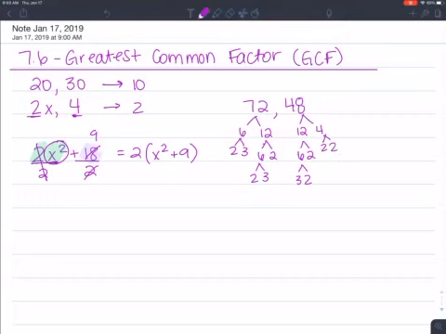So if I write out the prime factors of 48, I have four 2s and then a 3. And if I write the same for 72, I have three 2s and then two 3s.